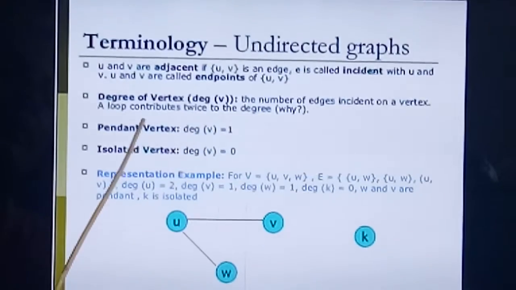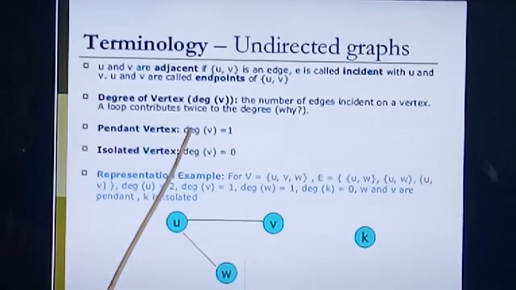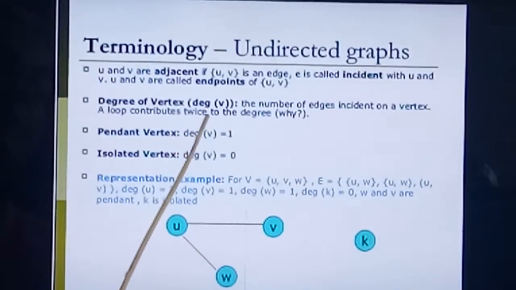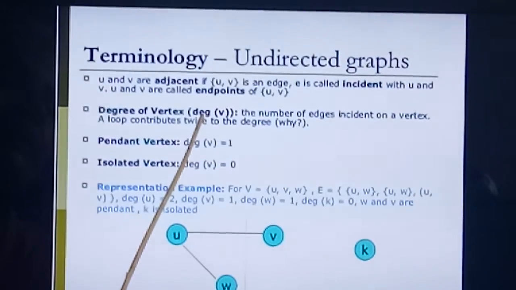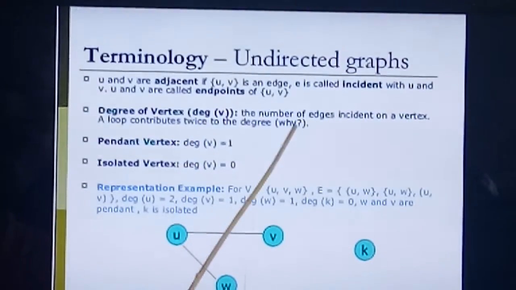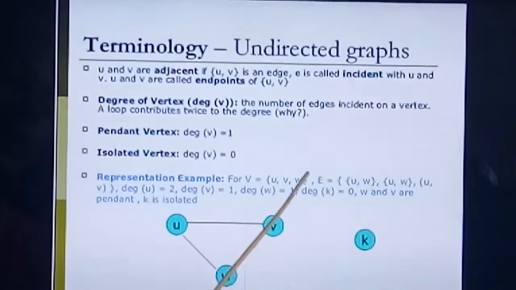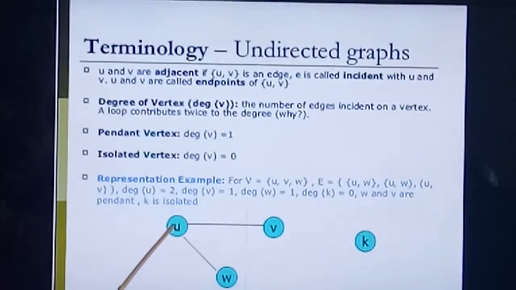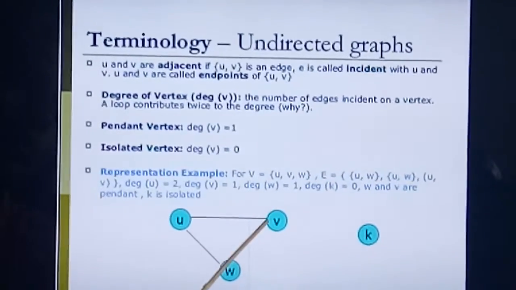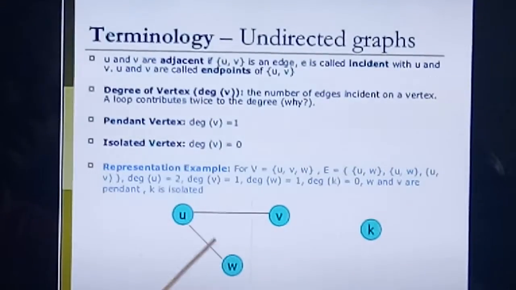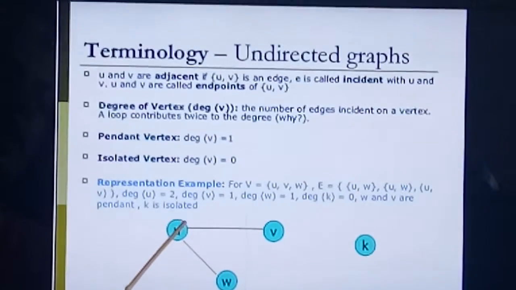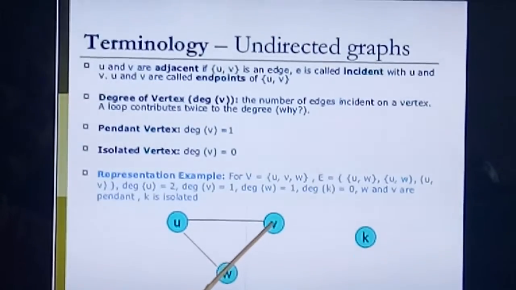The next terminology is degree of a vertex. That is represented as deg(v), the number of edges incident on a vertex. When you take this vertex U, you could see that two edges are incident on it. So the degree of U will be 2, whereas the degree of V is 1 and the degree of W is 1.